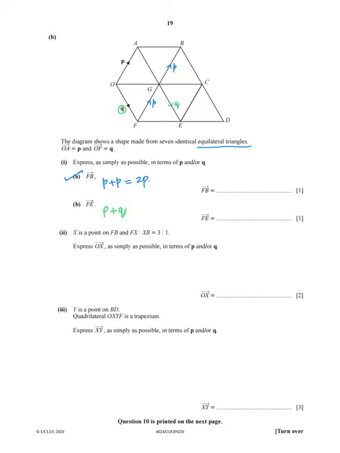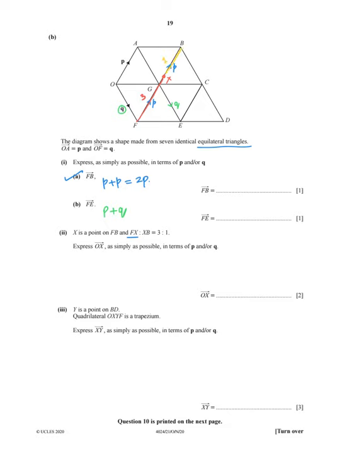After that, it says X is a point on FB such that FX to XB is 3:1. Alright. Express OX in terms of P and Q. So firstly, for this part, I will try to find FX. We have a ratio here, that is 3:1. So let's suppose this point here is X, right? From F to X, if it's 3 ratio, then from X to B it is 1 ratio.